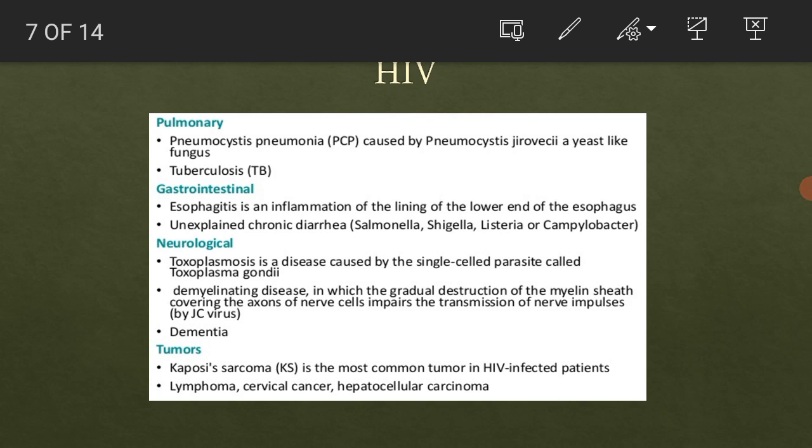Along with these 4 groups, the HIV patient can also have symptoms of various diseases, which can be pulmonary, gastrointestinal, neurological diseases and tumors. Along with this we saw the pathogenicity and the pathogenesis of the virus.